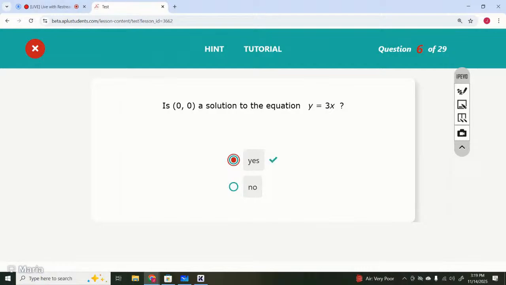Does (0, 0) make the equation y equals 9x true? Yes, it is true. Option number 1 is the correct option.